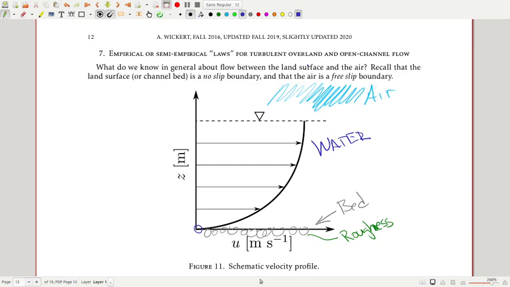And that would mean that there'd be infinite shear stress, and that would completely obliterate the bed. So in order for there to be a stable situation, the flow goes to 0 at the bed, and we call this a no-slip boundary.